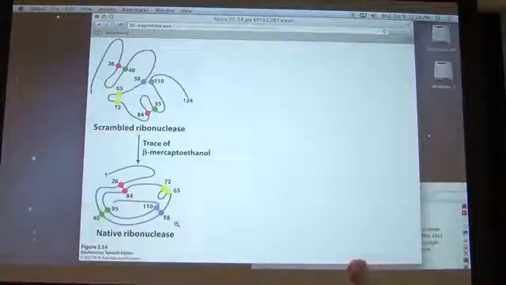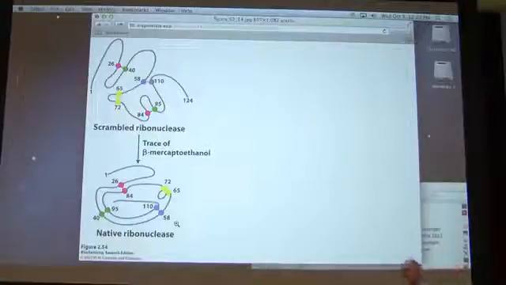Once a red forms with a green, this guy is never going to be active. But if I have a little bit of mercaptoethanol in there, guess what happens? It allows that to come apart and gives it another chance to fold properly. And that is the answer to the question. Right? That's what happens, basically. That's very cool. Very, very cool.